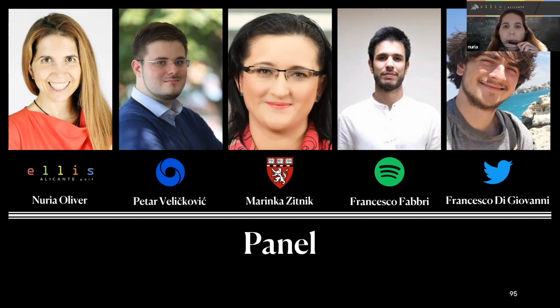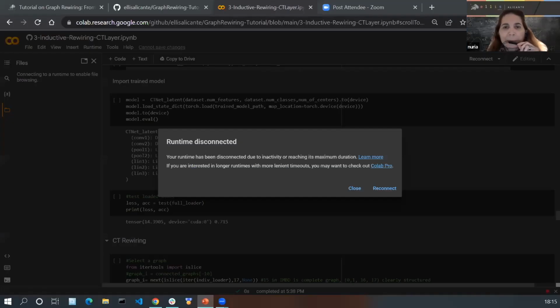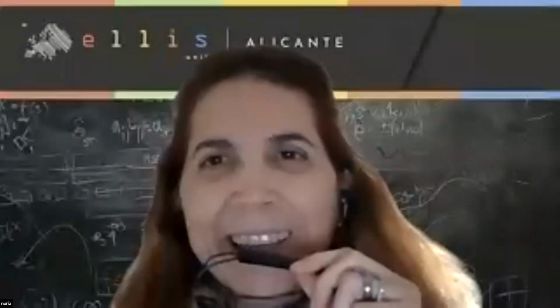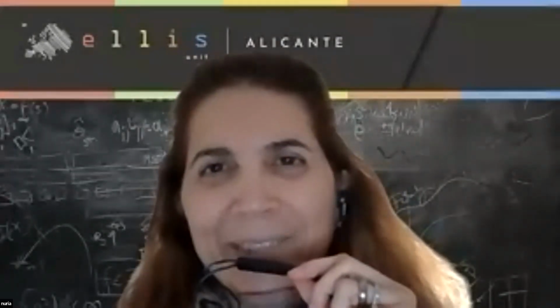So without further ado, we can follow the order that appears on the slide, and move on to Petar, and maybe he can make the 5-minute pitch on his views on graph modeling and graph rewiring.